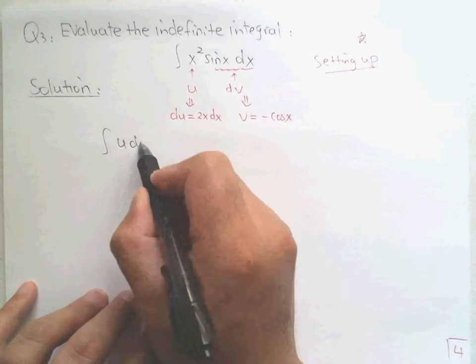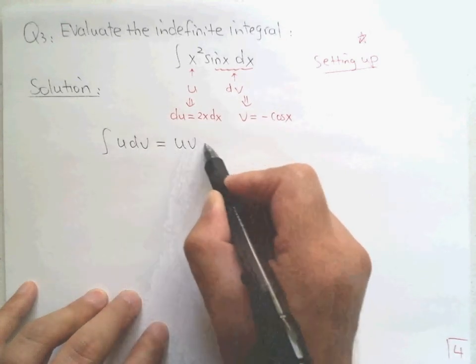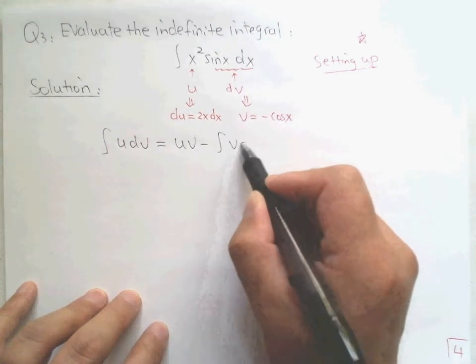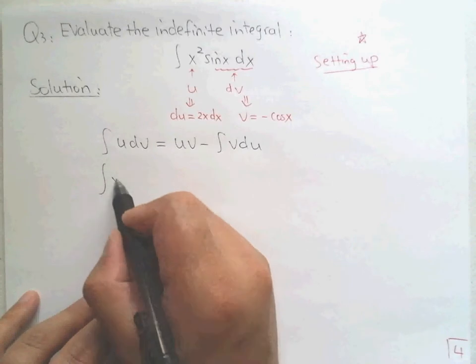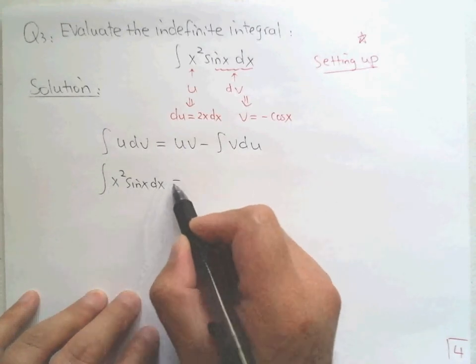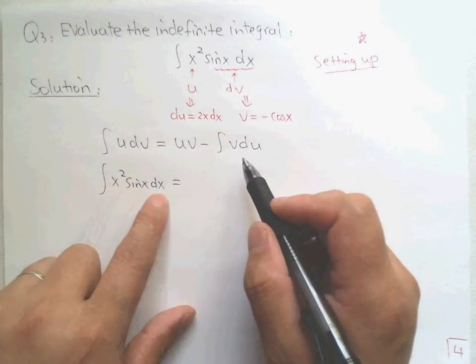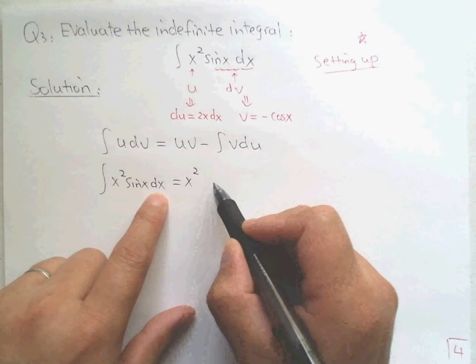I still copy the formula and put it here. The formula: the integral of u dv equals u times v minus the integral of v du, and then follow the formula. So the left is the integral of x squared sine x dx equals, this is u, this is dv.